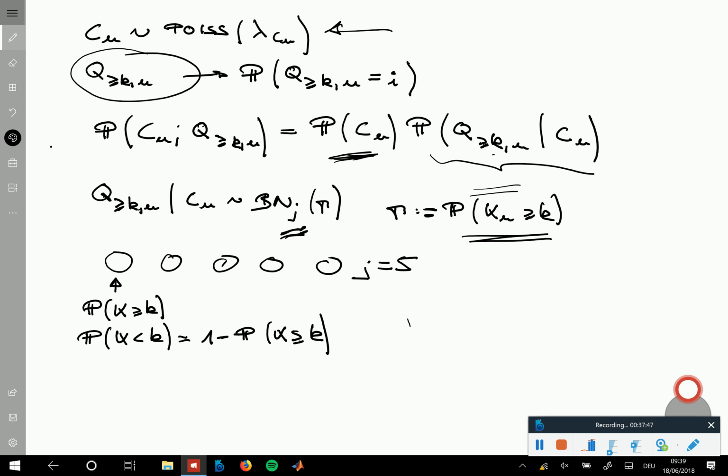And then the sum, let me call it the sum of the clusters that have a volume larger than K, is given by a binomial distribution, right? So in the same sense that we discussed last time, if you have 10 trials of throwing a coin, with outcomes 1 and 0. Here the outcome 1 is the event that the volume is larger than K, and 0 is that it's smaller than K, for example.